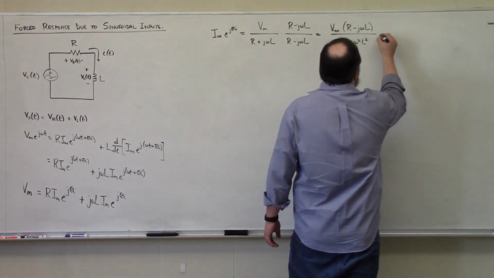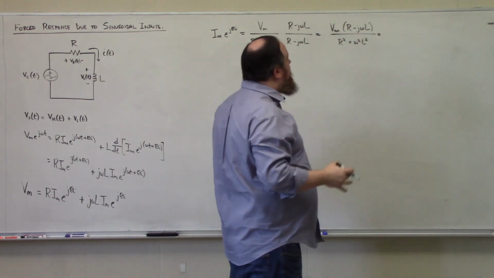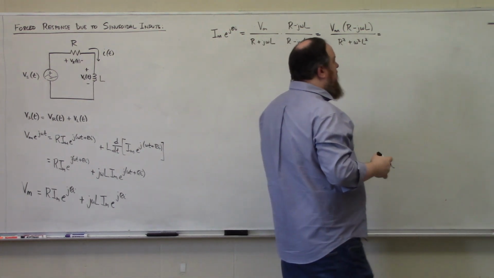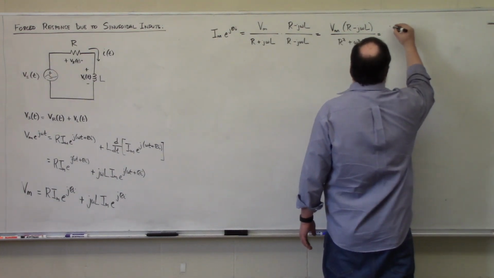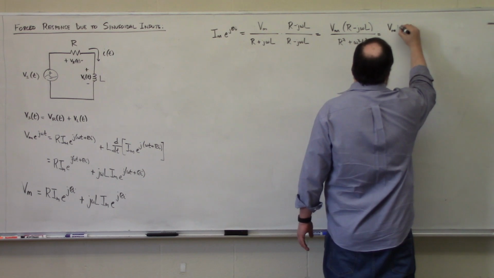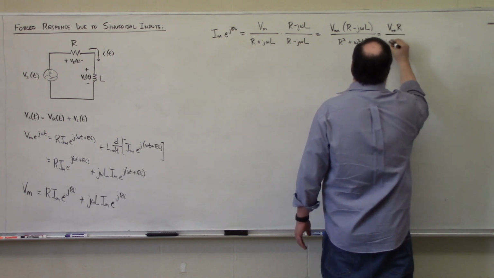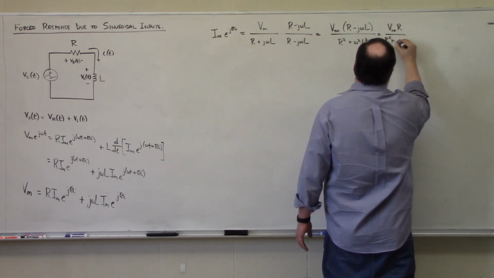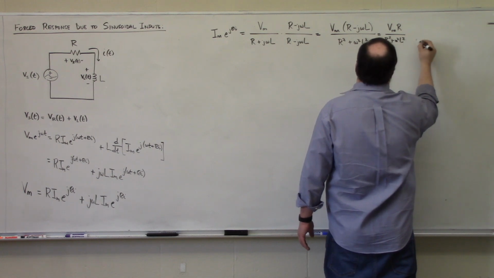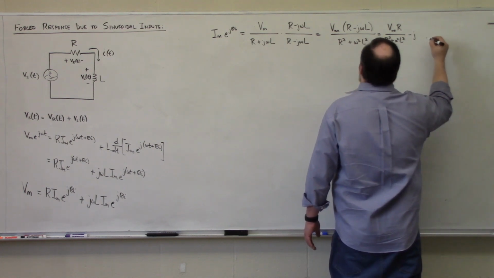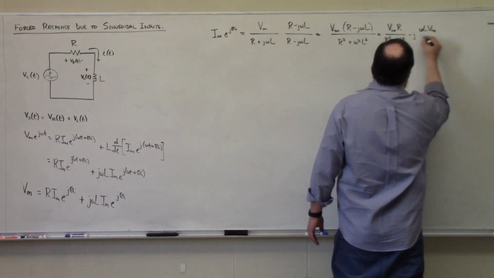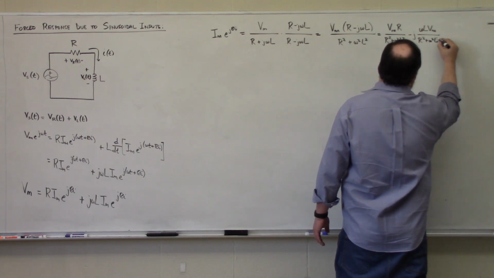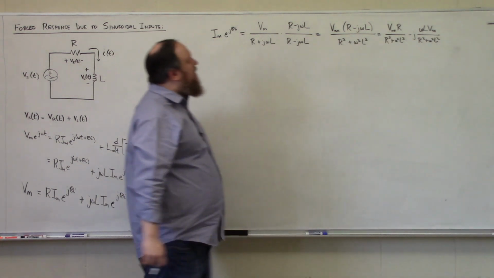And I am going to expand this out to a distinctly rectangular complex number where I'm going to have Vm R divided by R squared plus omega squared L squared minus j times omega L Vm divided by R squared plus omega squared L squared.